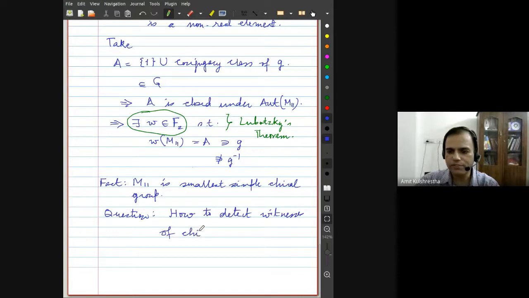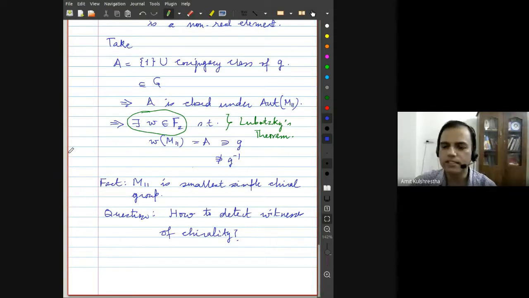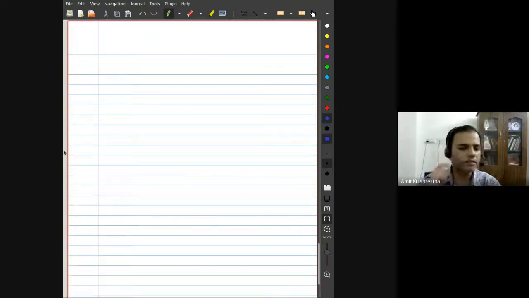That question becomes a sensible question. So here, for example, this G was the witness of chirality. Quite often, without even reference to explicit words, we will try to pinpoint some elements and say, hey, you are a witness of chirality. And if all the elements refuse to be witnesses, then we declare that the word is achiral. That is the idea. So what properties are there for witnesses of chirality?